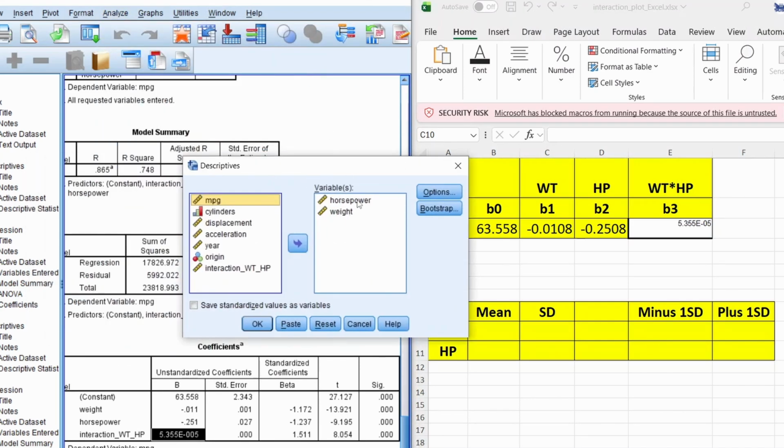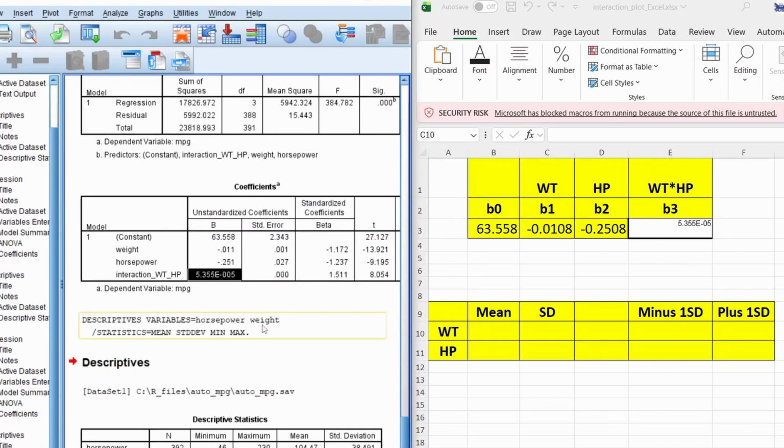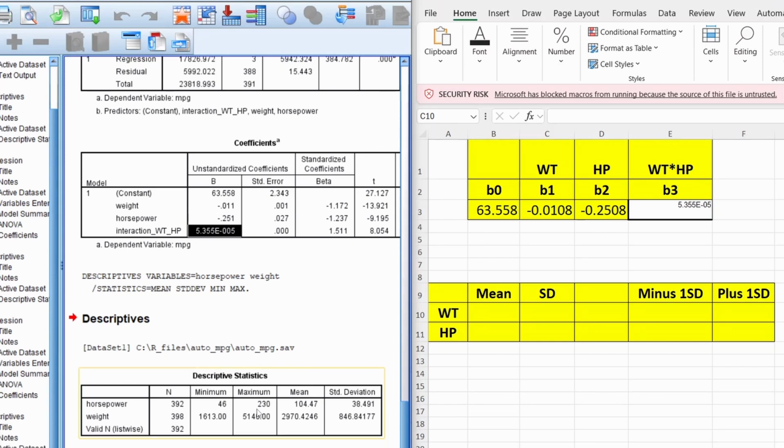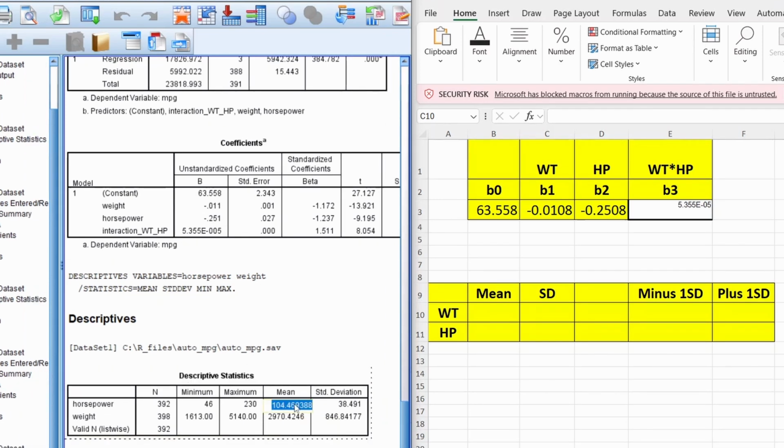Actually, you can just put the horsepower and weight here. I just did a practice earlier, and then click OK. So we're going to get the mean of the horsepower, and then the standard deviation, and the mean of weight, and then the standard deviation of weight.